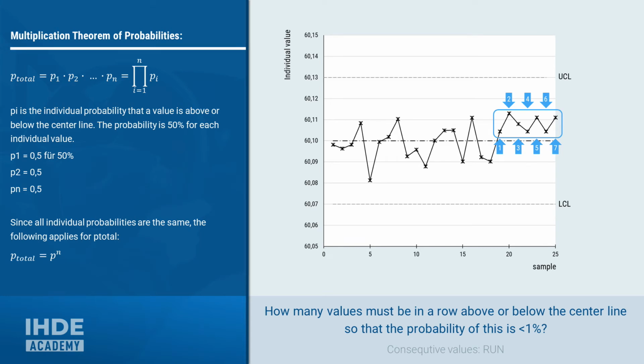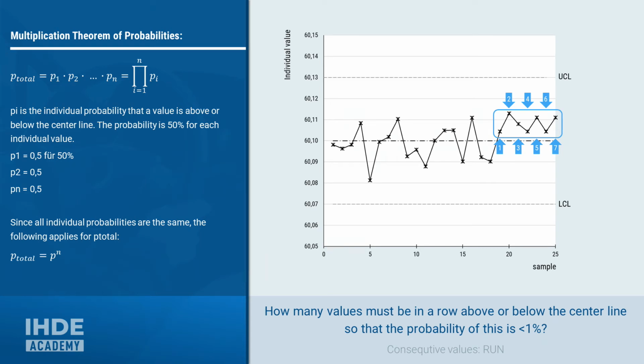The probability is the same for each individual value considered individually. The overall probability P total that a number of consecutive values are above or below the center line is calculated by multiplying the individual probabilities. That is, P to the power of n for any number of values.